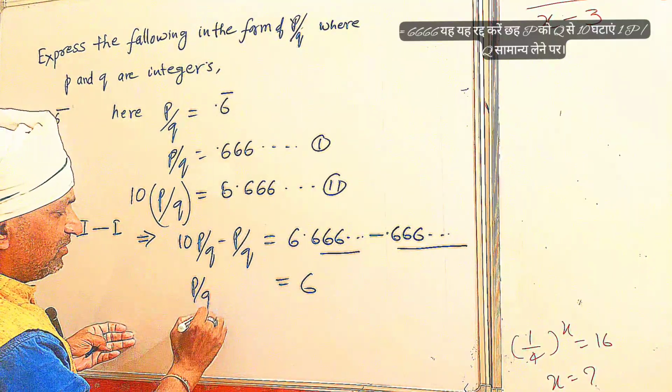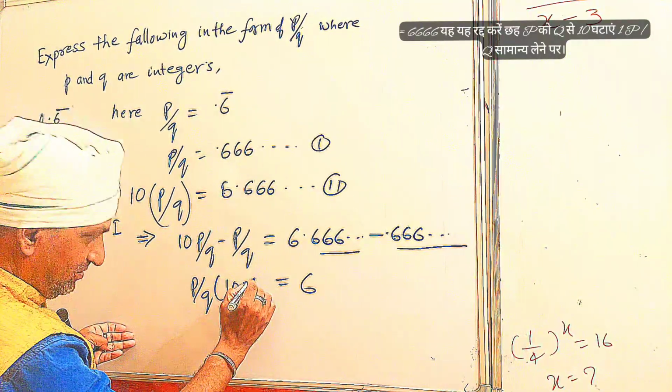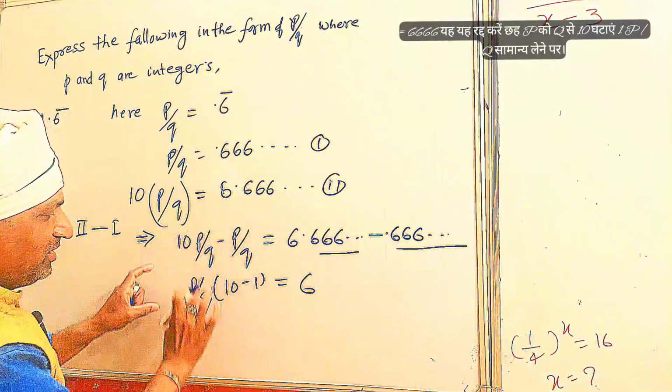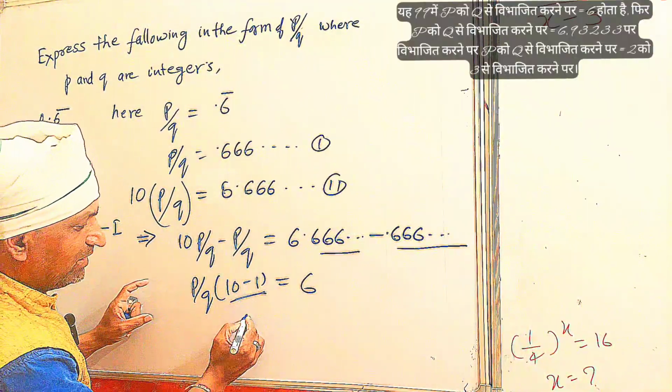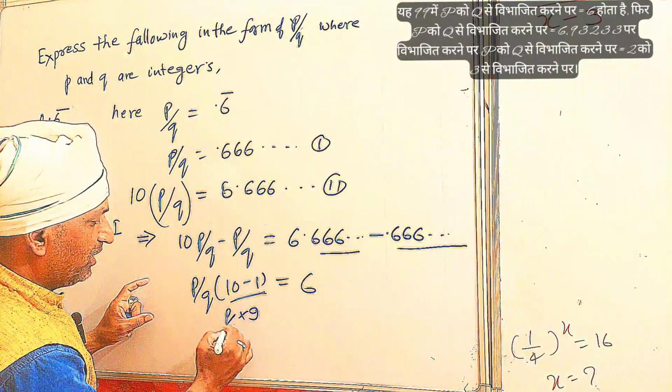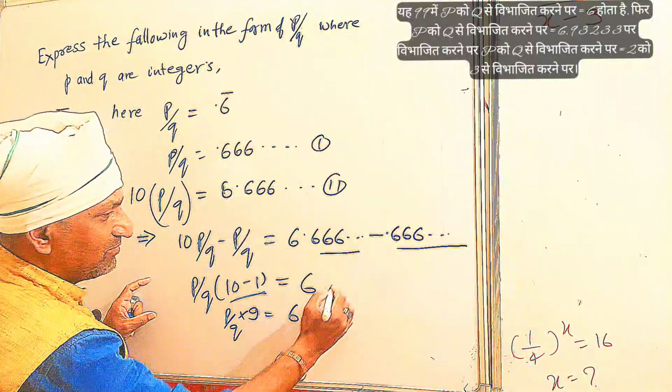P by Q, 10 minus 1, P by Q taking common, it is 9. 9 into P by Q is equal to 6.